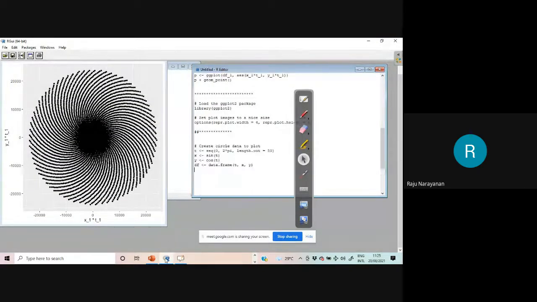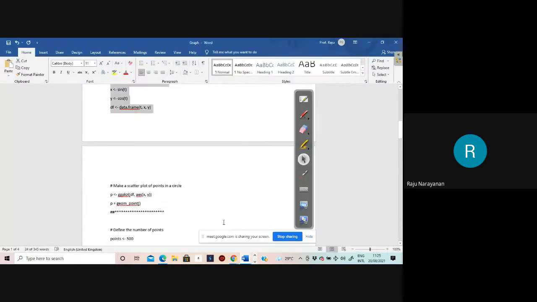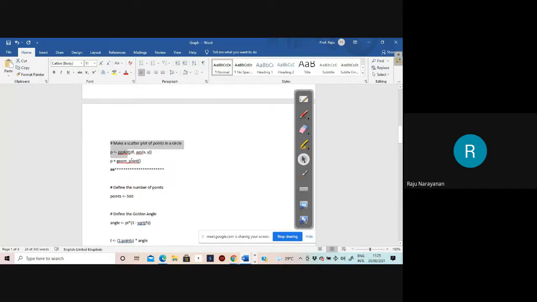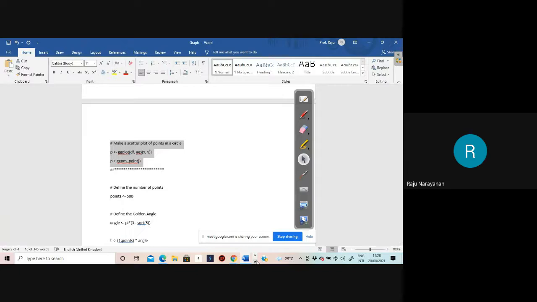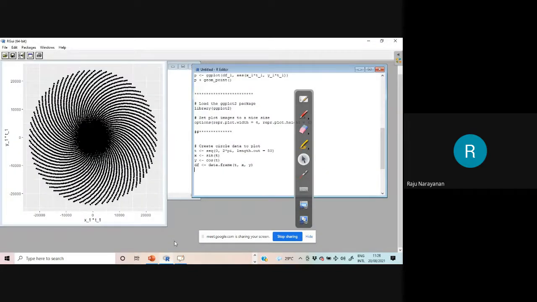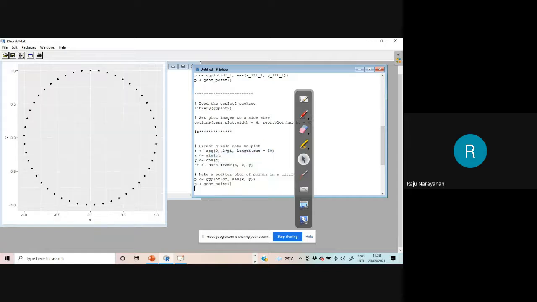All these things are possible with some statements, four or five statements. I will explain all these things next day. This is to draw circles. Just a sequence 0 to 2 pi, and sine t, cos t, etcetera.